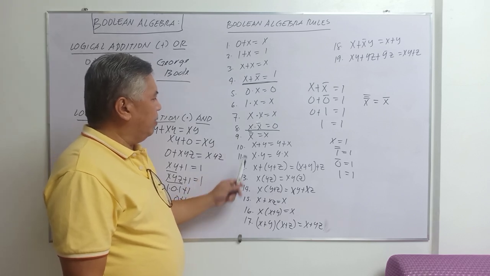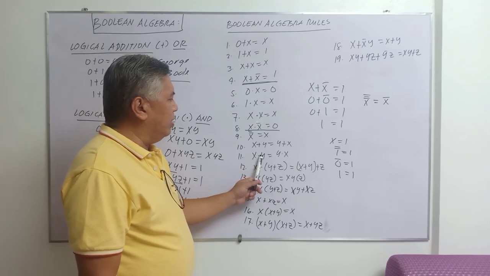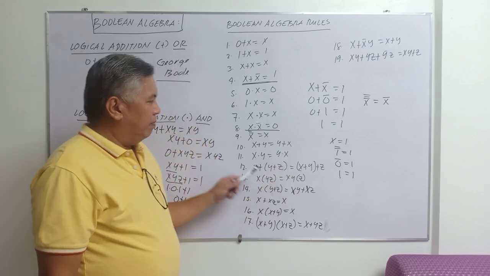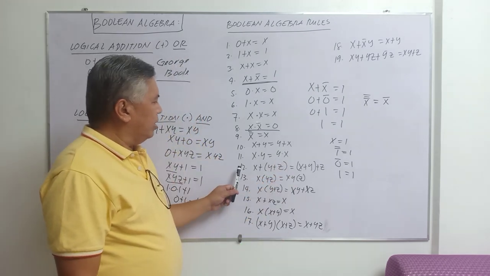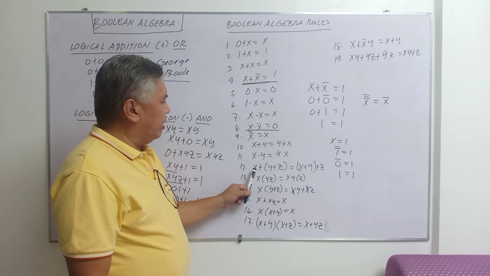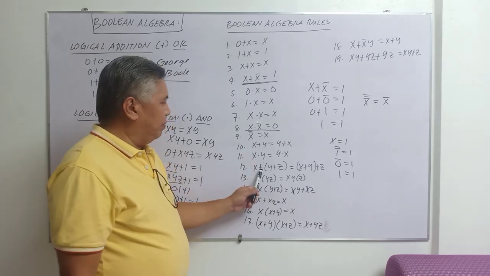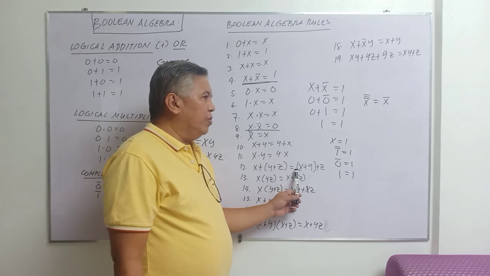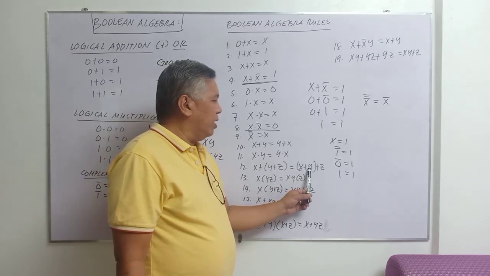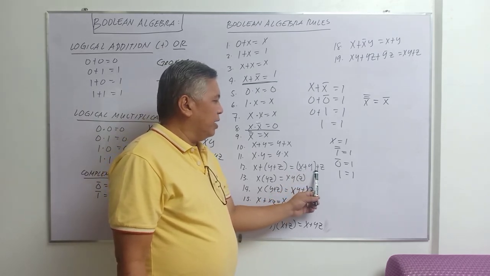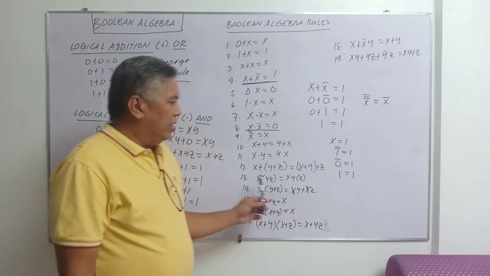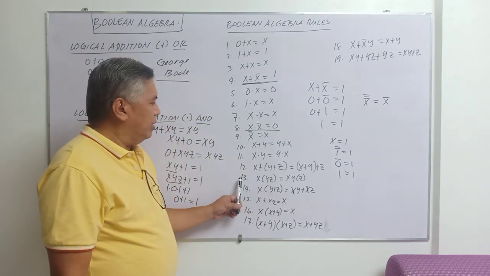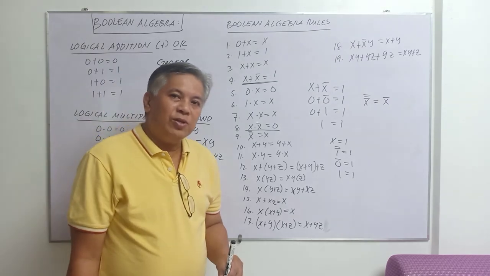Then, 11, x times y is equal to y times x. Commutative law of multiplication. Then, number 12, x plus open parenthesis y plus z, close parenthesis, is equal to open parenthesis x plus y, close parenthesis plus z. That is associative law of addition. Then this one here, associative law of multiplication.